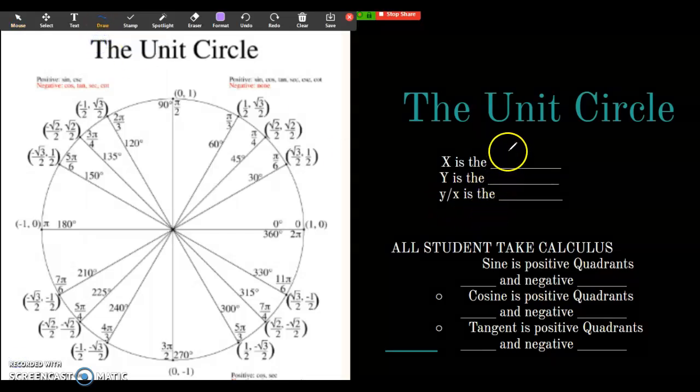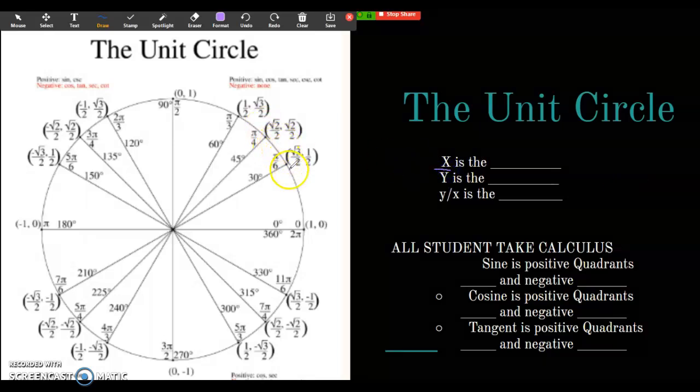All right, the first thing we want to ask ourselves is, what is x on the unit circle? Remember, every x value, when we look at the terminal points, is going to be the cosine for that angle. So x on the unit circle is our cosine of theta. What is y on the unit circle? Well, y would then be the sine of theta.